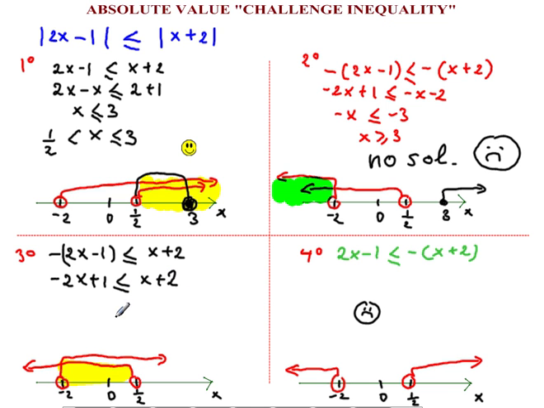Okay, so -2x minus x is -3x on that side, less or equal 2 minus 1, so you have 1.